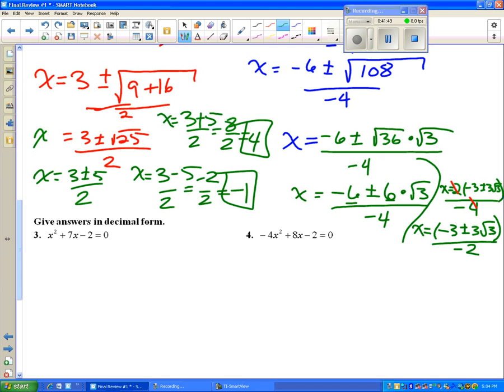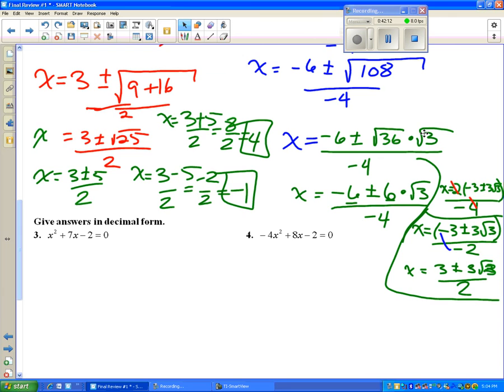That's a good answer. I can also move this negative up into here and have x is equal to 3 plus or minus 3 square root 3 over 2. Either of these are the answers I'm looking for.